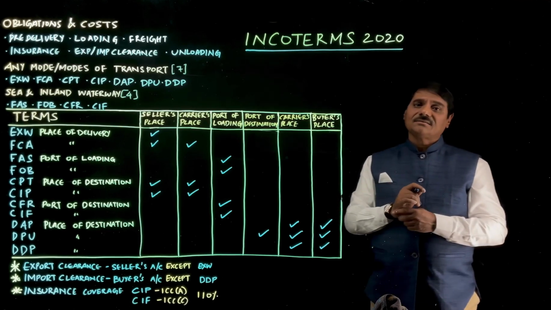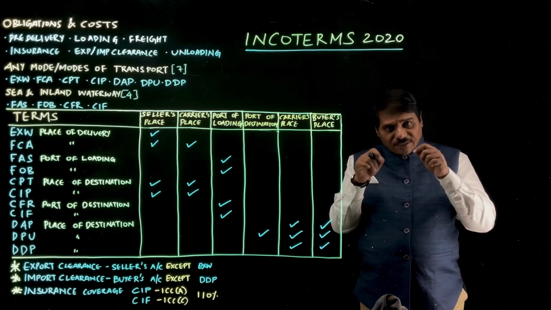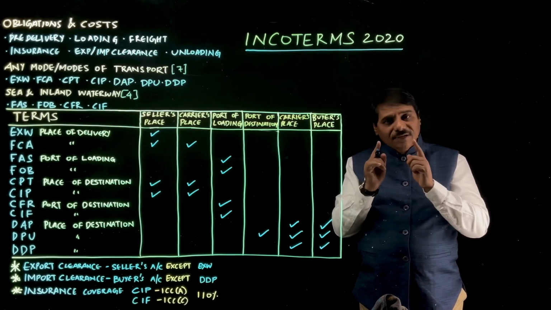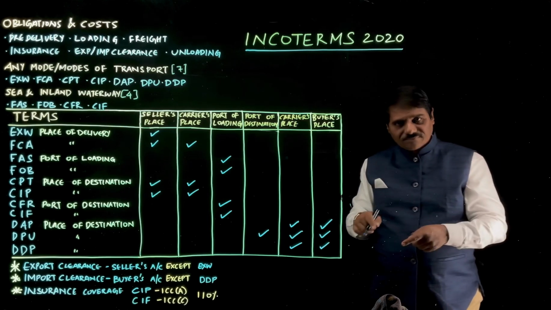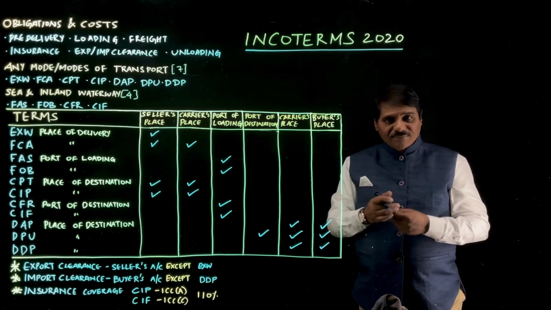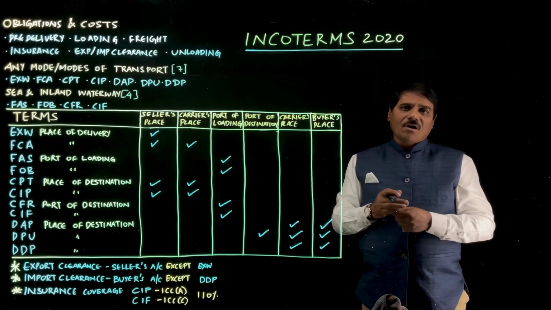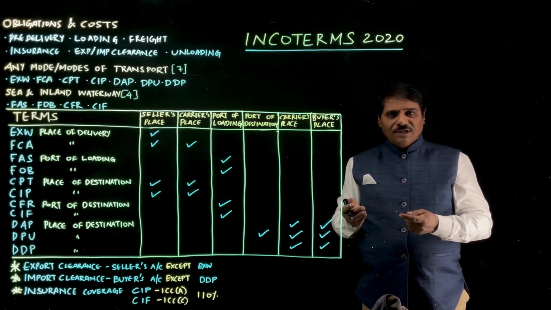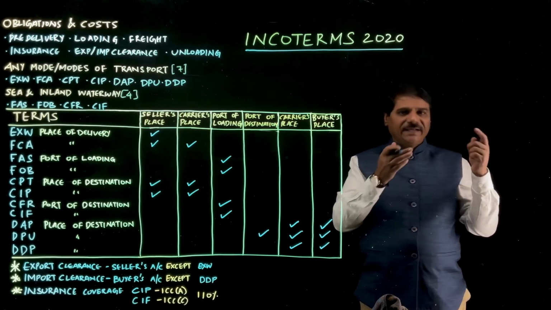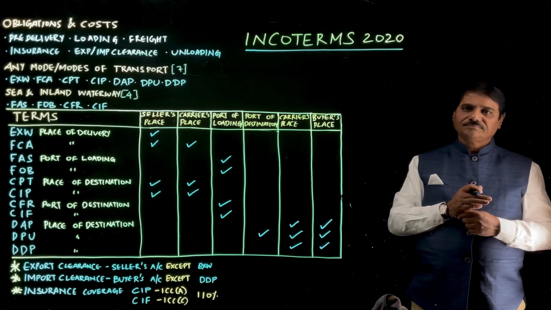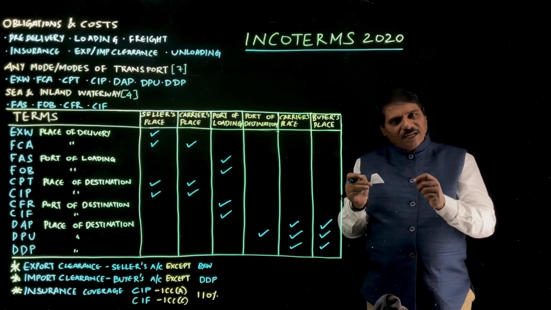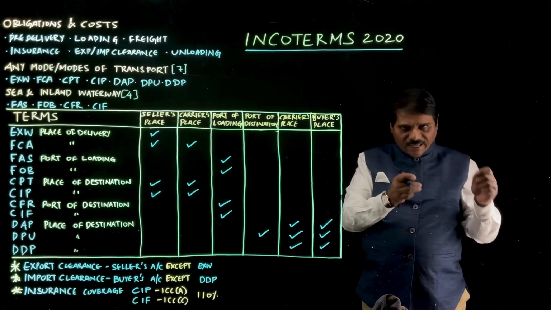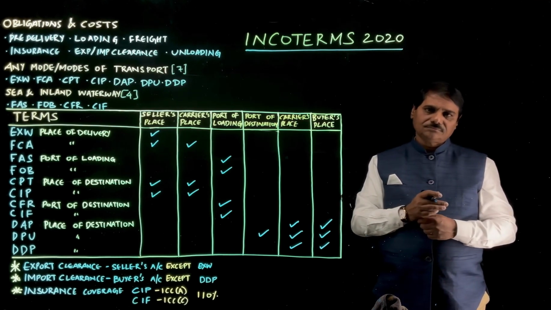So that is the reason you must incorporate in the sales contract what the delivery place is. Delivery place can be the seller's warehouse, or if the goods are going by air, for example, the seller may deliver the goods to the carrier at the airport.